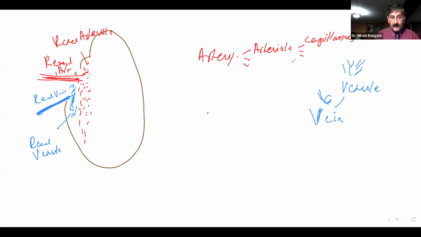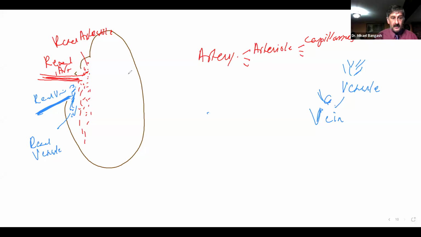For instance, take the example of the lungs. The blood vessels around the alveoli are capillaries. Did that make sense? So this is the arrangement for all other organs in the body, except the kidney and the pituitary. But let's keep that aside for now.